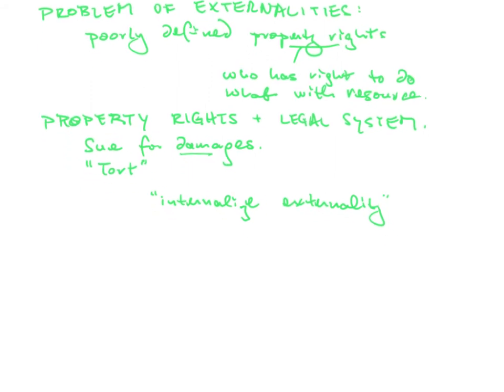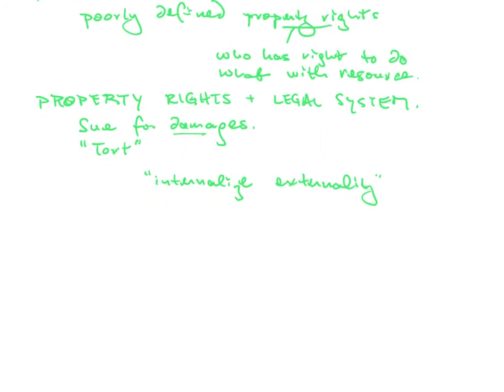Okay, so the next thing that I wanted to talk about was still along the idea of property rights. It's something that economists call the Coase theorem.